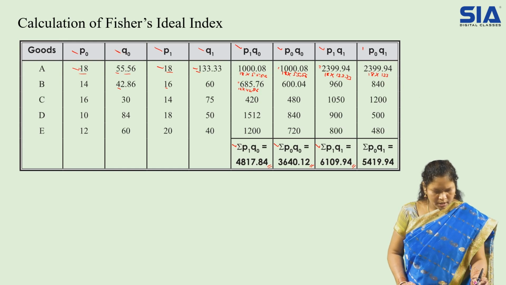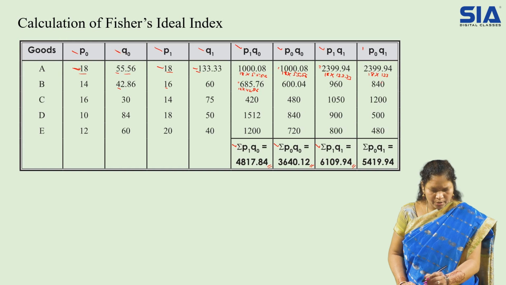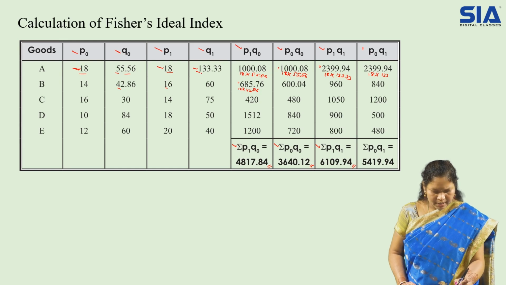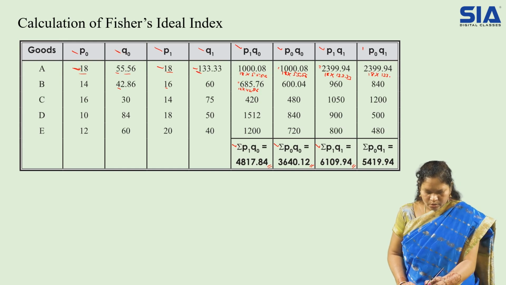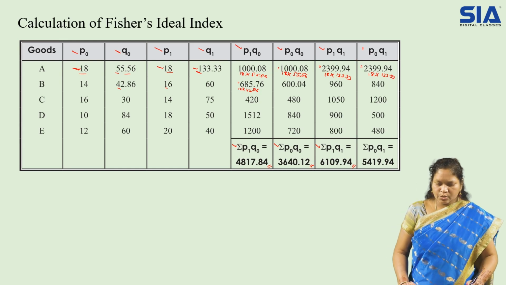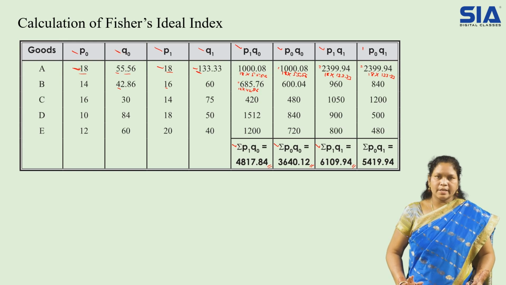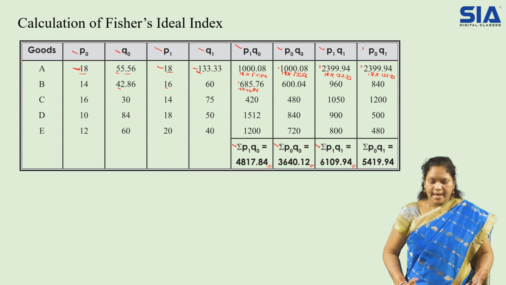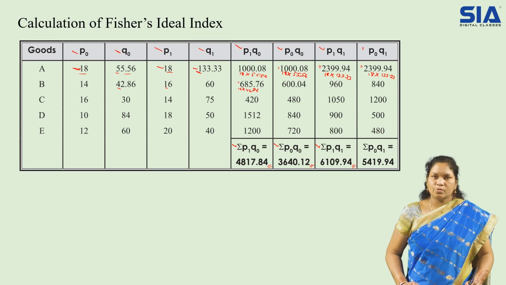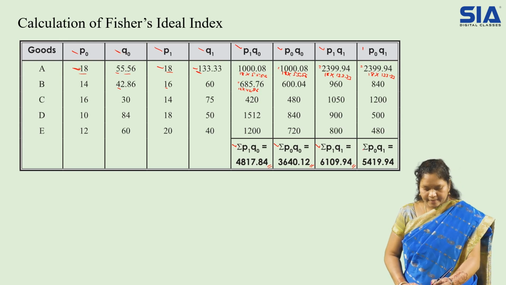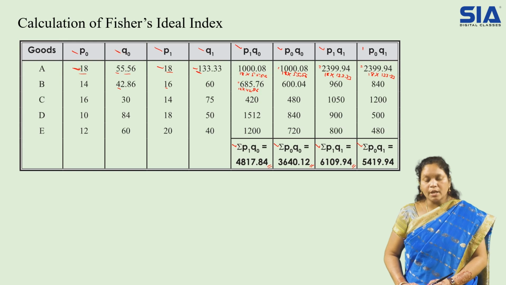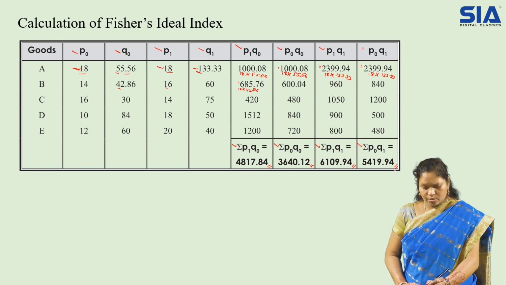So I have got the answer as 2399.94. So like this, I have obtained all other values also. Simultaneously P0 value multiply with Q1 and then add all the values one to another and get the answer for summation P0 Q1. So I have got all the totals now.